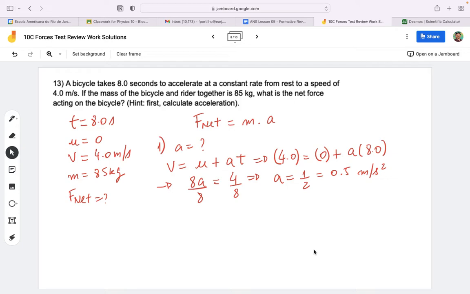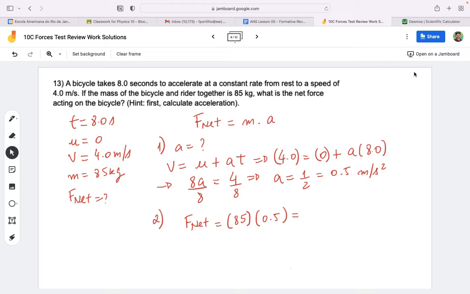Given the acceleration that we have just figured out, we can now find the force since we have the mass of the system, bicycle and rider. If we plug in the mass into m, we end up with 85 times 0.5.